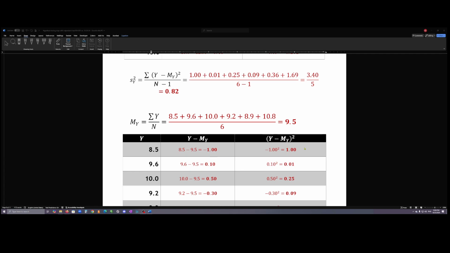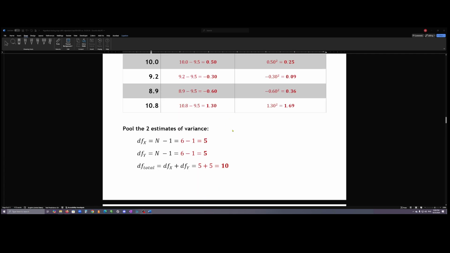So we get the squared deviations from the mean. We enter these up here because we have to add those up and divide by n minus 1, which again, sample size is 6, so 6 minus 1 gives us 5. So the variance for that second group is 0.82.